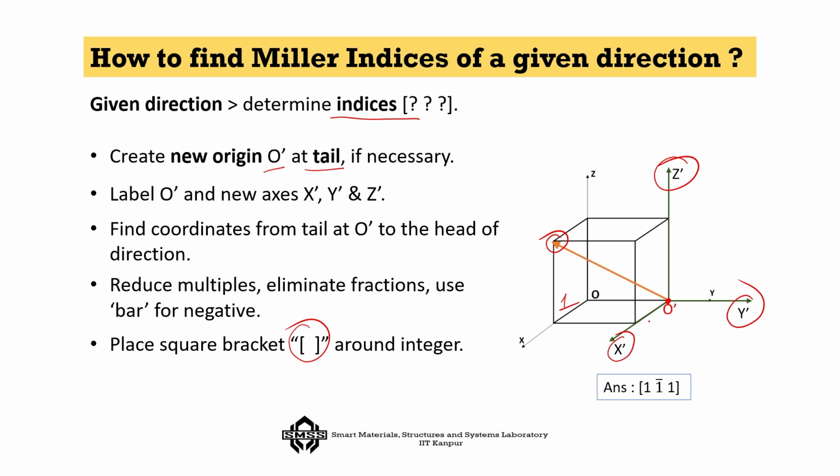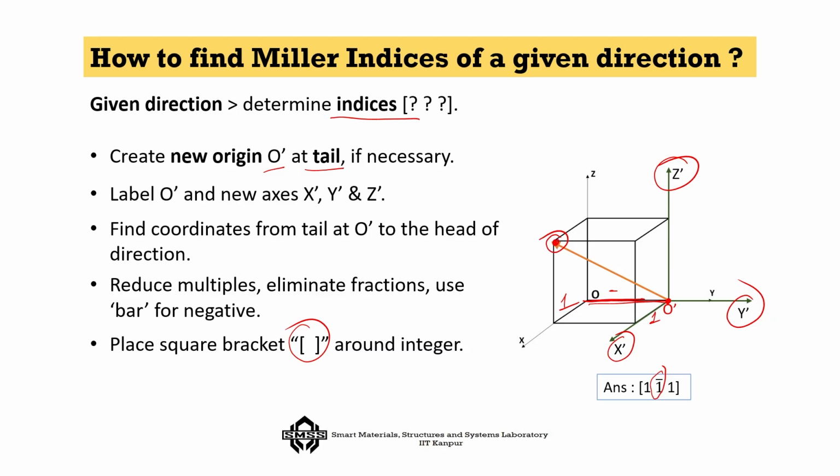But you are not going towards the y positive direction, you are going in the reverse direction, and hence this becomes 1 bar, because I shift now to O prime, and with respect to O prime the y direction you are going in the negative direction. So, this becomes 1 negative, and then the other part is of course z positive.